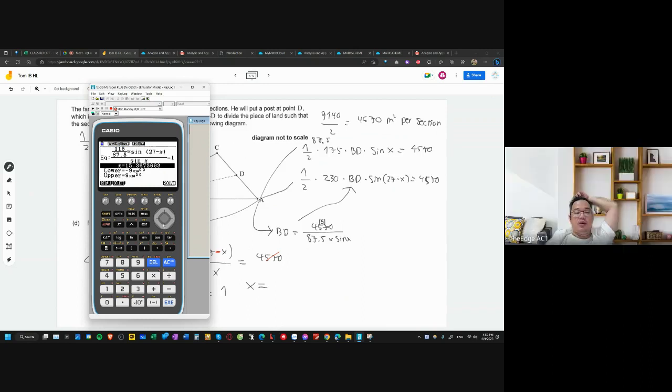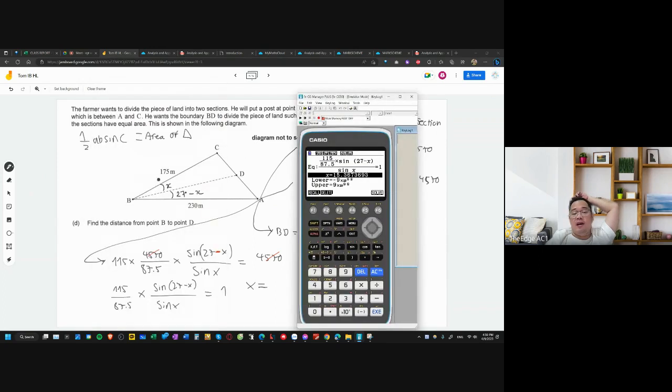The value of x, again, you can put in any value, but I'm guessing that this angle is about half of 27 degrees, and therefore I enter here a value 13. Then I enter, and hit the solve button here. So F6, and there, 15.36.